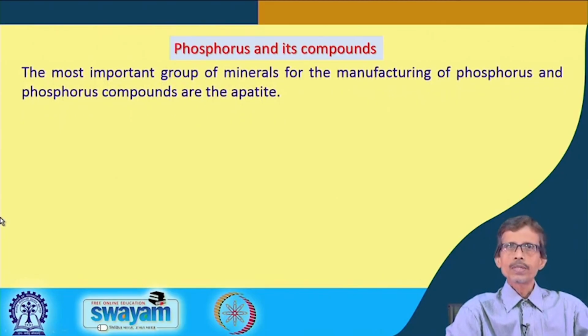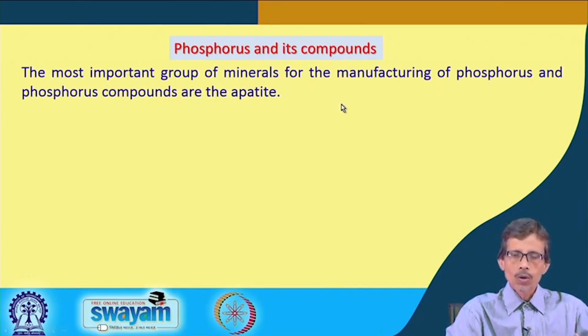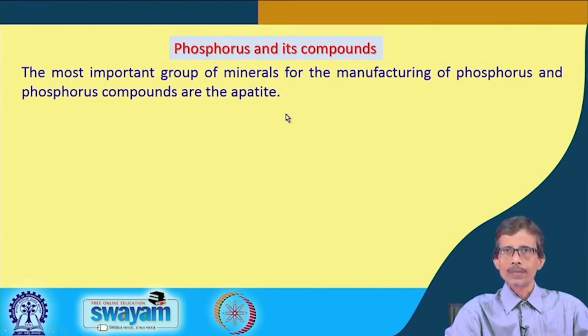If those are coming from a mineral source, as we have seen, what are those minerals and ores we know. These can also be an important group of minerals for the manufacture of phosphorus as well as phosphorus compounds. The source is apatite, and if time permits we will also talk about something very important nowadays: materials useful for our biological world, our body itself.